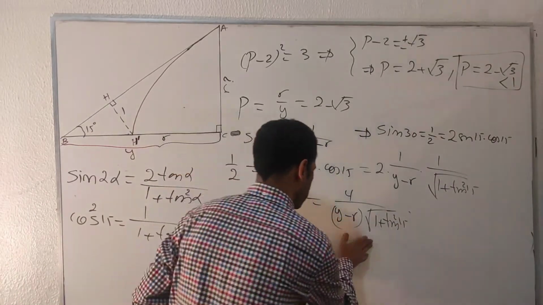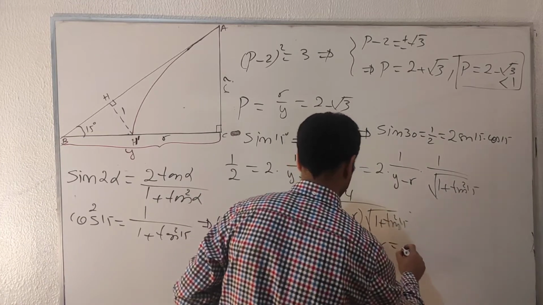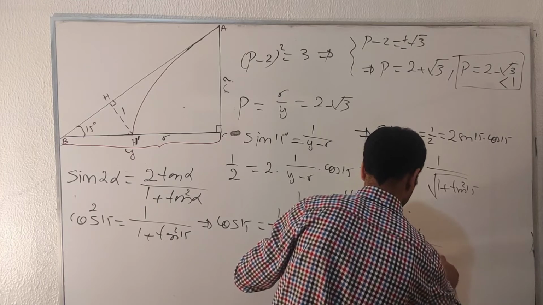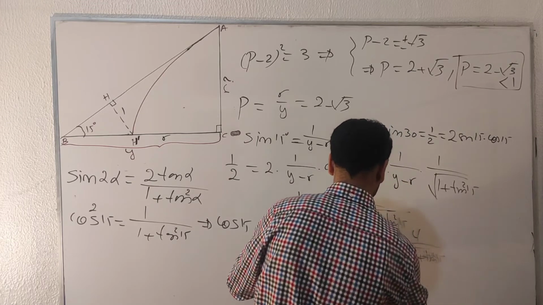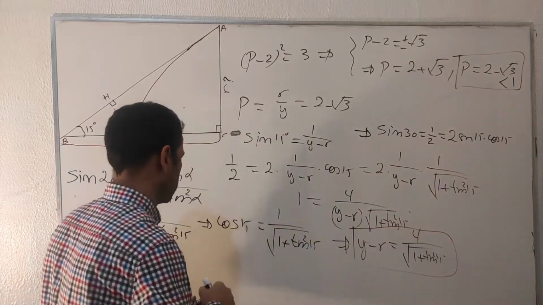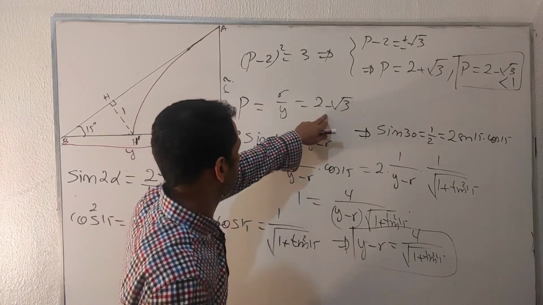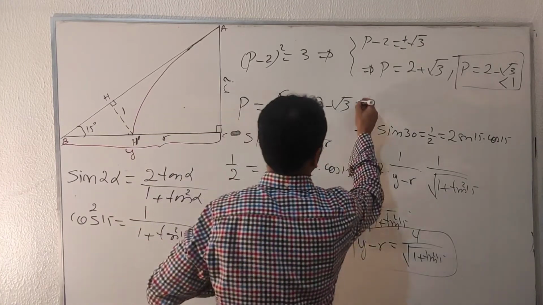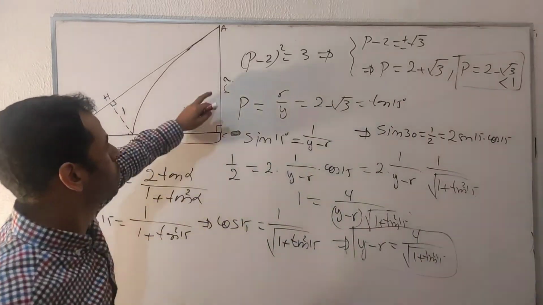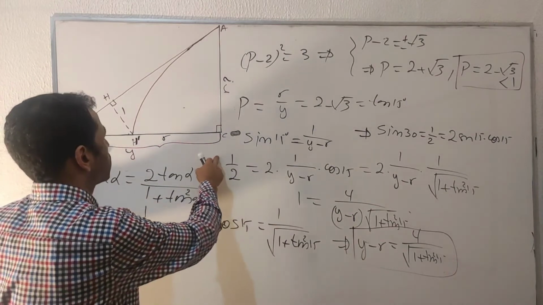Okay, I get y minus r. In other words, y minus r equals 4 over square root of 1 plus tangent square 15. Okay, I'm going to replace tangent 15 with this value, because this one equals tangent of 15, as we mentioned before, because tangent 15 was this distance divided by this distance, r over y.